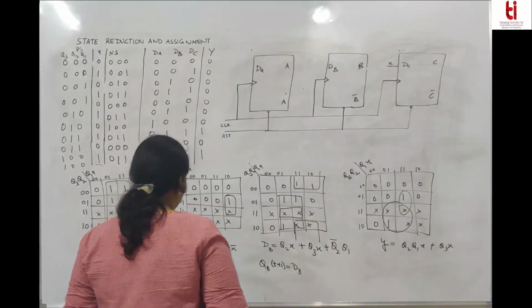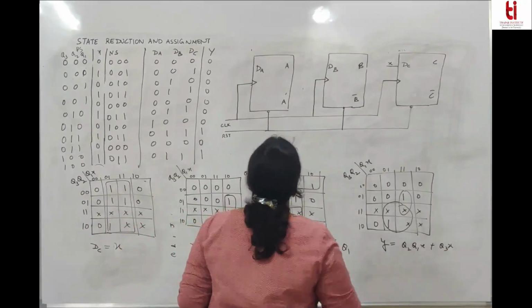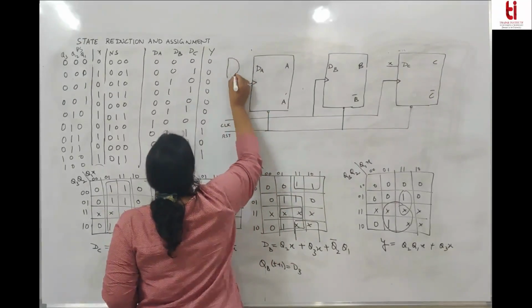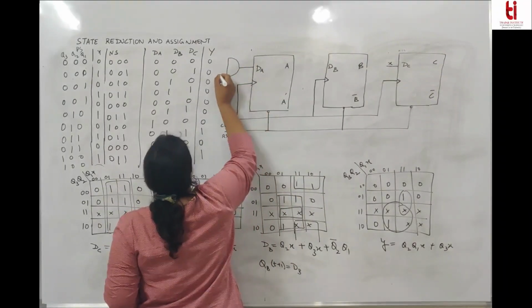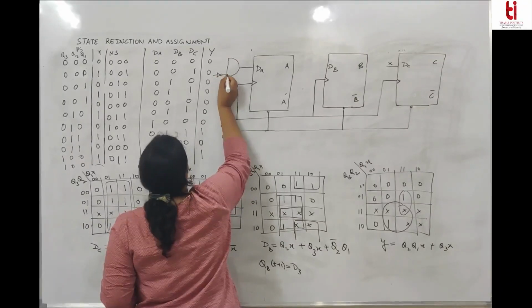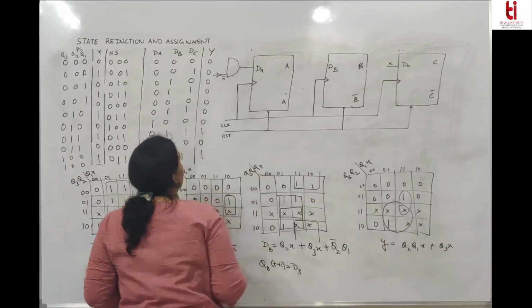What is DA? Q2, Q1, X bar. So I have an AND gate. X bar.